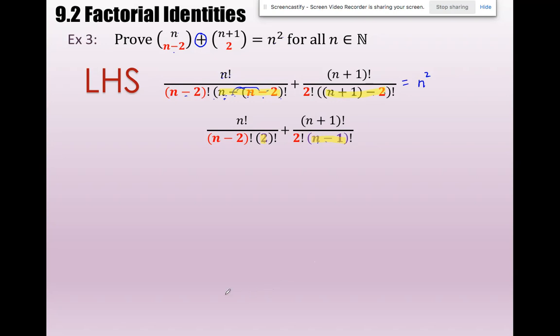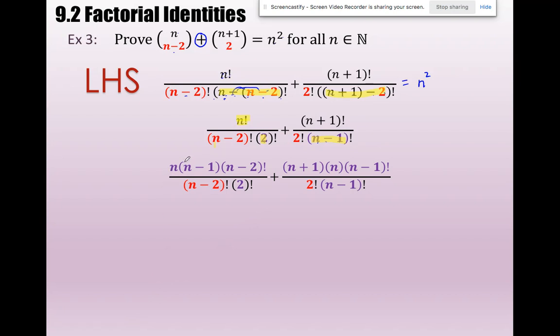Now, do you see what I'm going to try to do? It's kind of the same strategy. I have an n minus 2 factorial and I have an n factorial. Expand the n factorial: n times n minus 1 times n minus 2 factorial. Stop, because I now match. N plus 1 factorial can be n plus 1 times n minus 1 factorial.